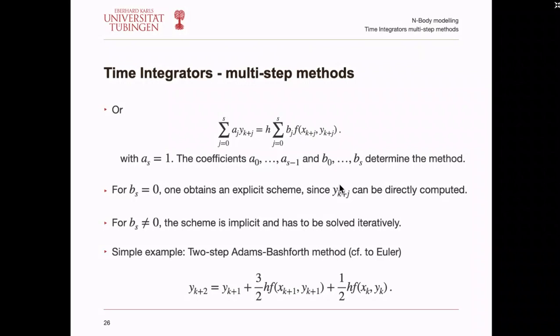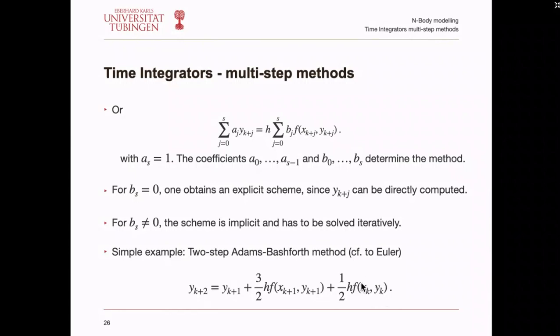So one simple example for a two-step method is the two-step Adams-Bashforth method. I guess it's from the 60s, I'm not sure. Here the values at k plus 2 depend on the values at k plus 1 and the values at k.